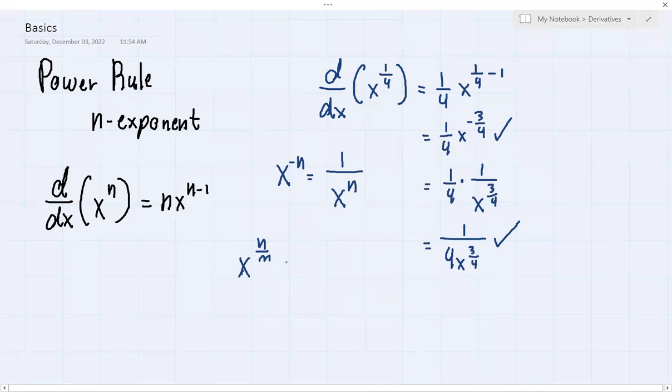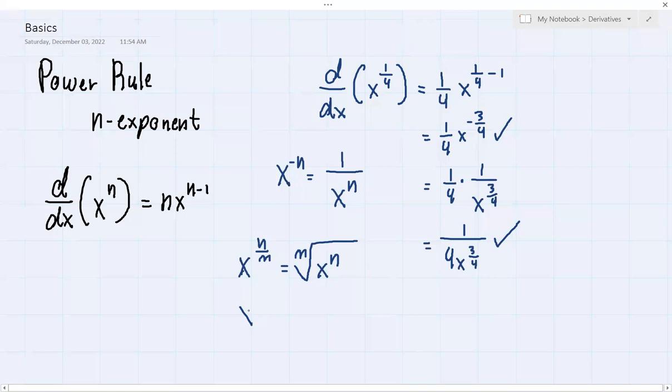The ones with square roots, the roots. So, this will become m roots. Okay? Wait, let me write it. So, it becomes the m root of x raised to n. The denominator is the one in the root. Then, the numerator is the exponent of x. So, it becomes the m root of x raised to n.